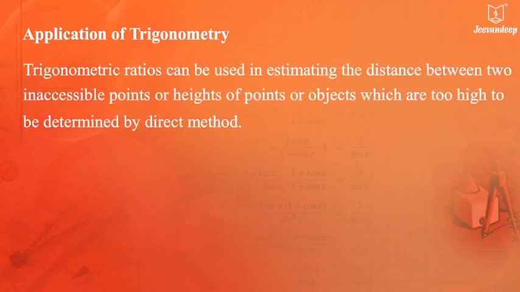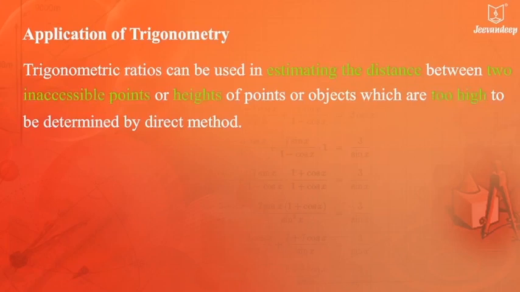Application of trigonometry. Trigonometric ratios can be used in estimating the distance between two inaccessible points, or heights of points or objects which are too high to be determined by the direct method.